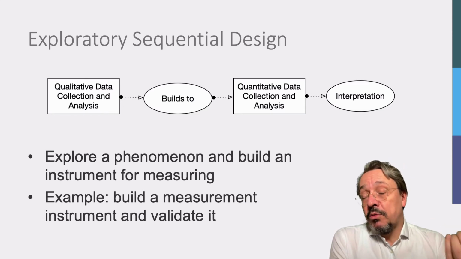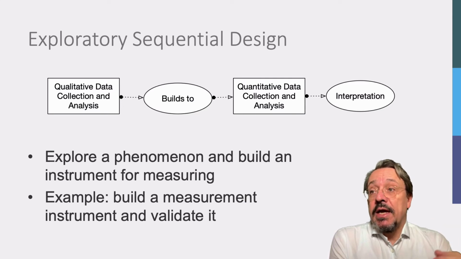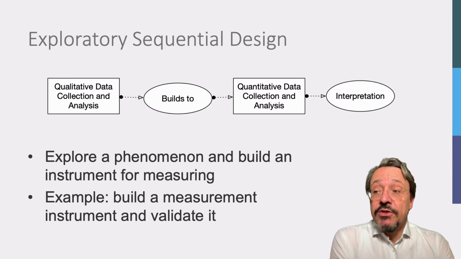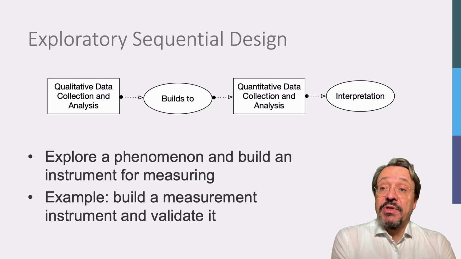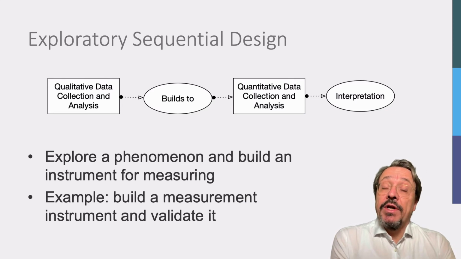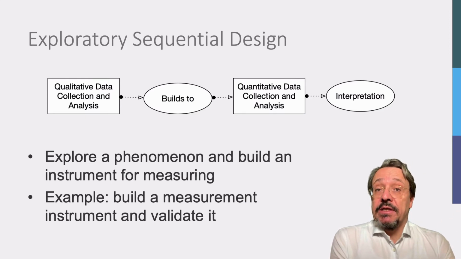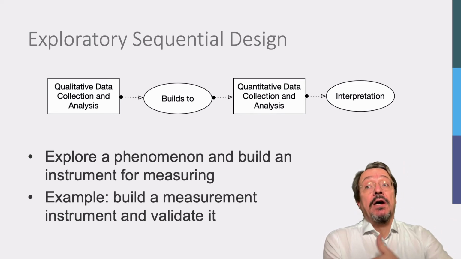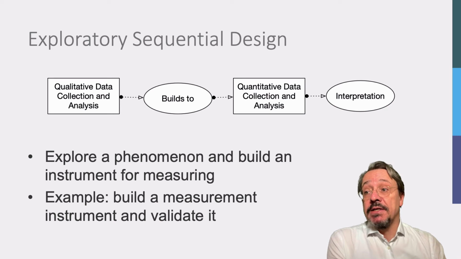You could start with a qualitative data collection, and this helps you to construct, for example, a questionnaire or a measurement instrument, and interpret the findings when you see what comes out of the quantitative data measurement, for example, with a factorial analysis, or identify if the factors that you have found in the qualitative data are confirmed by the quantitative data.